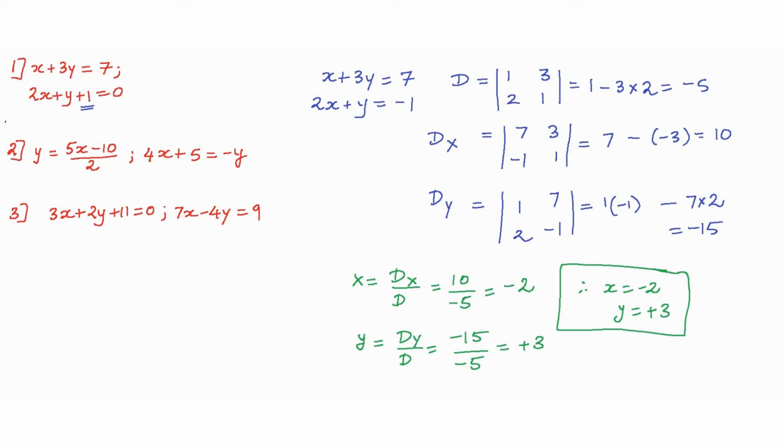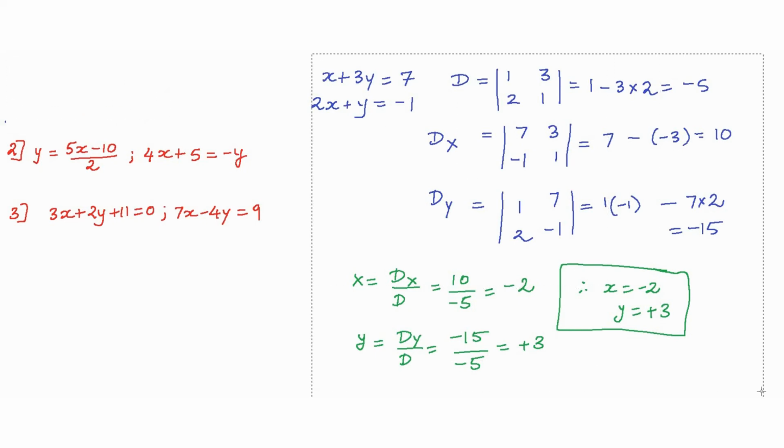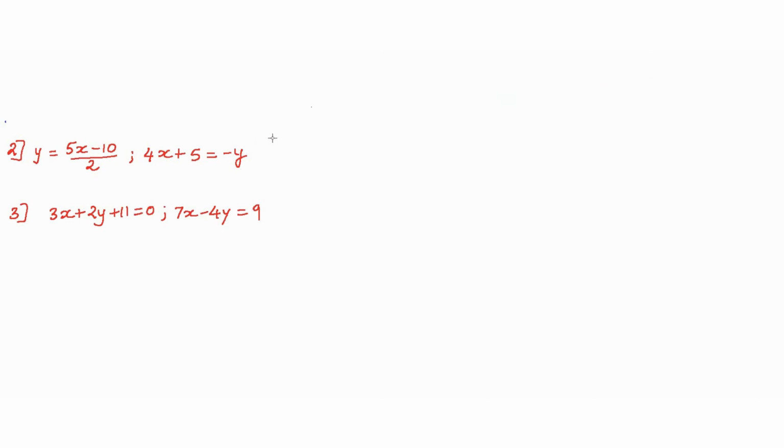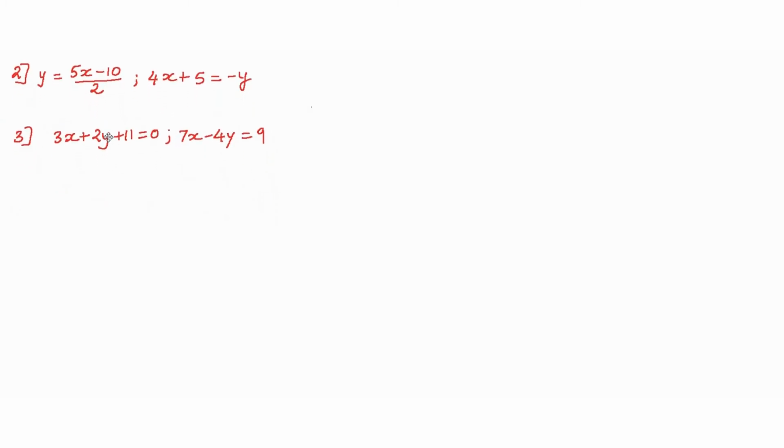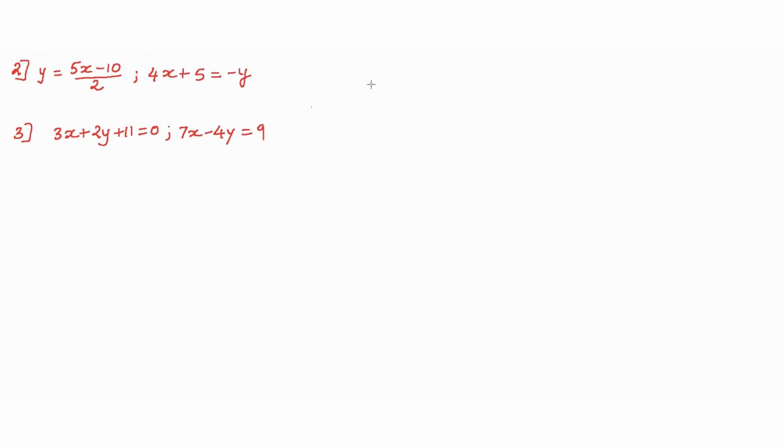Okay, let us now solve the second question. Again, in the second question, what I notice is the arrangement of terms is not favorable for applying Cramers Rule. So let us make it favorable. So what I will do is let us take the first equation. The first equation is y equals 5x minus 10 the whole divided by 2.